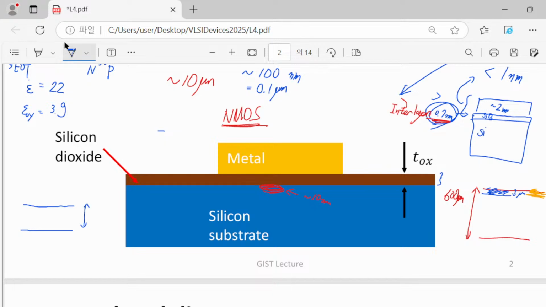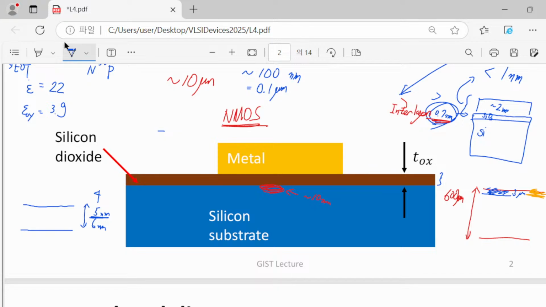Even in our simple analysis, this thickness cannot be regarded as infinitely thick. It is because this thickness is just 5 nanometer in reality, or 6, and we are trying to make it like a 4. We are trying, but it's not that easy. However, 5 or 6, these numbers are real numbers we have right now.